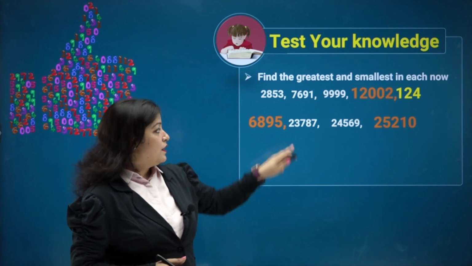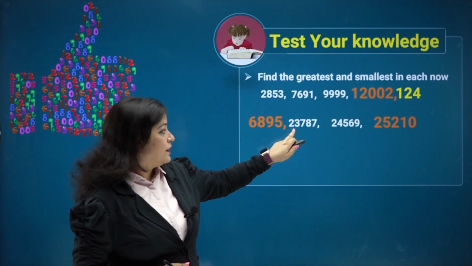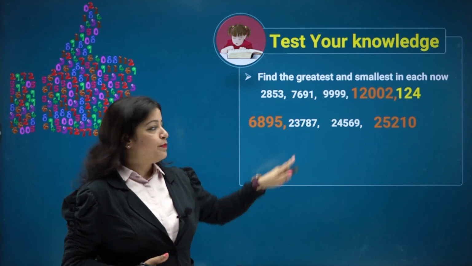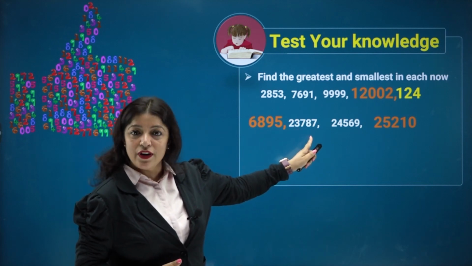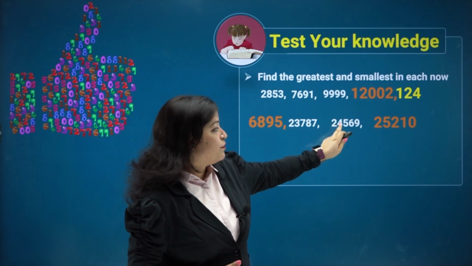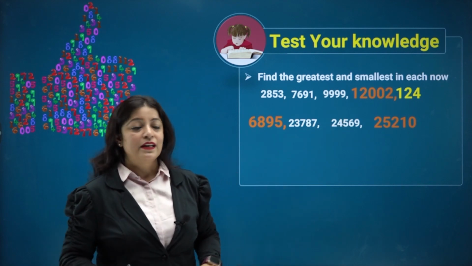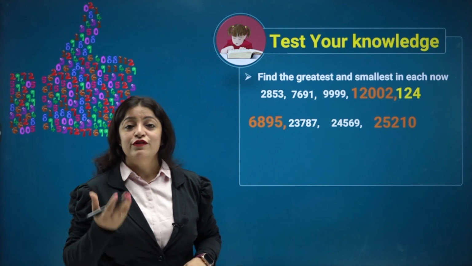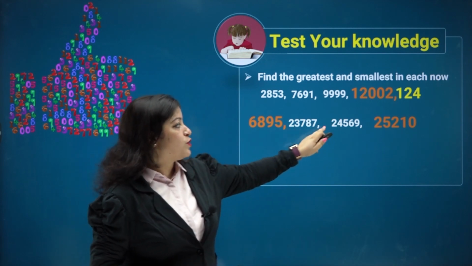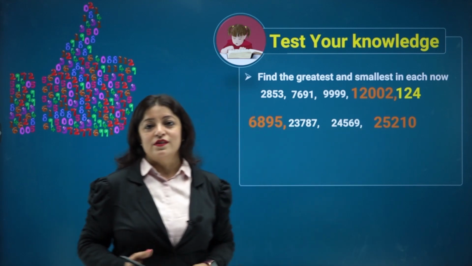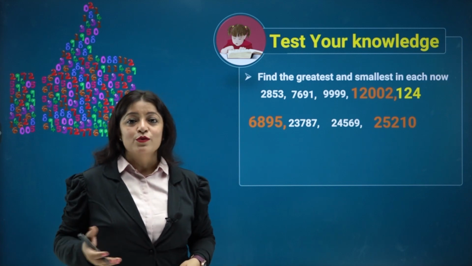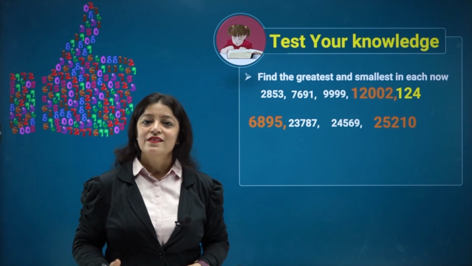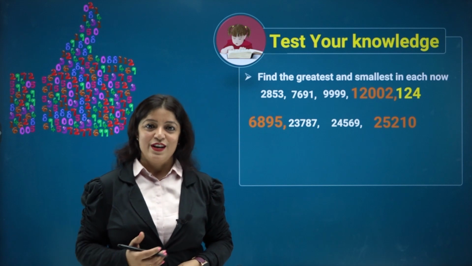Let me tell you one thing. This number will be read out as 23,787. This will be 24,569 and this will be 25,210. So obviously if we compare 23,000, 24,000 and 25,000, the number 25,000 something will be the greatest among all these given numbers.